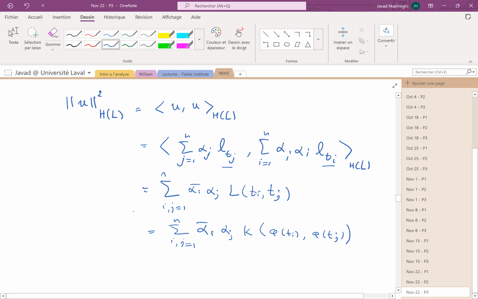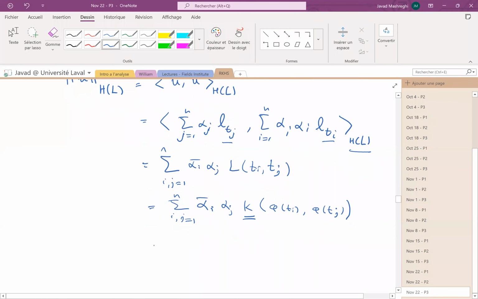And now we do the same operation backward, but instead of H of L, we do it in H of K. So if we do this operation backward, since time is running, I write the final result. We obtain the norm of the sum, I from 1 up to n, alpha I, little k at point phi Ti, in H of K, squared.